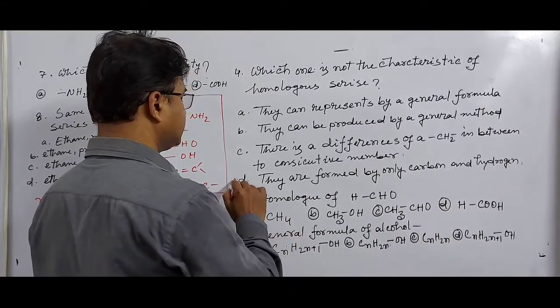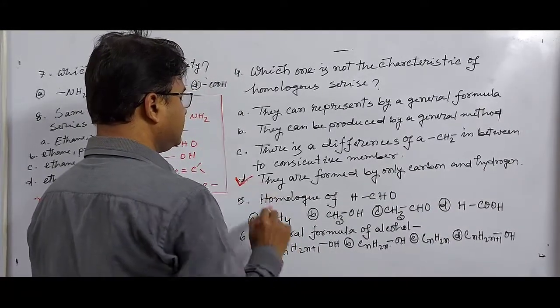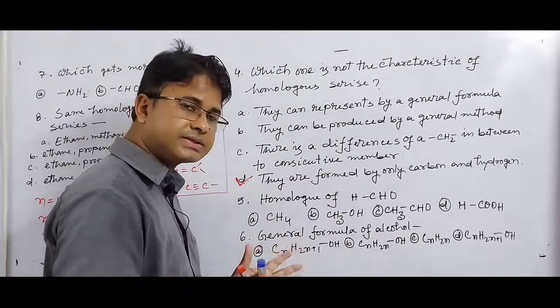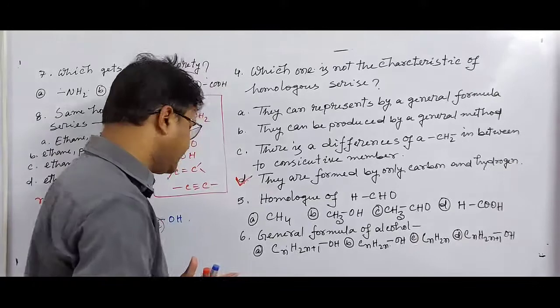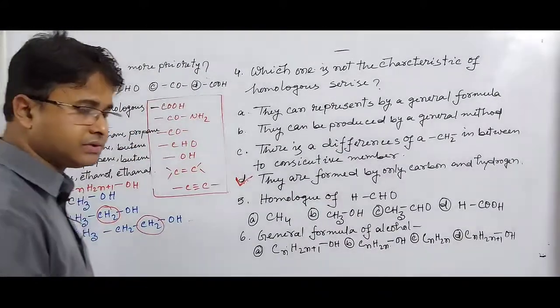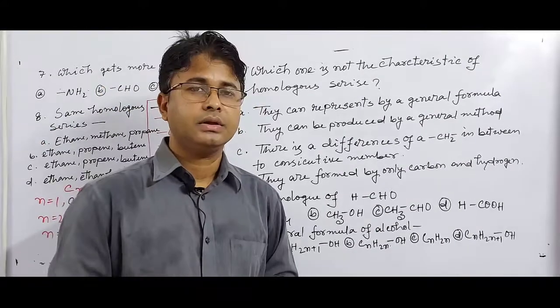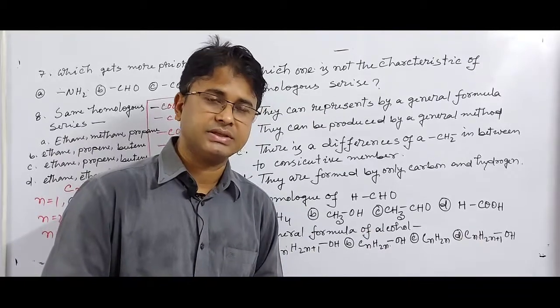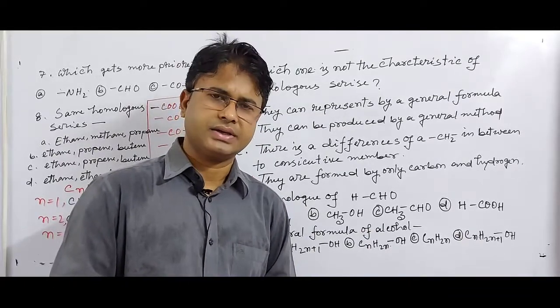It is wrong, because the homologues of a homologous series can be formed by carbon, hydrogen, oxygen, or different atoms. That's why it is not that all members of a homologous series are formed by only carbon and hydrogen.